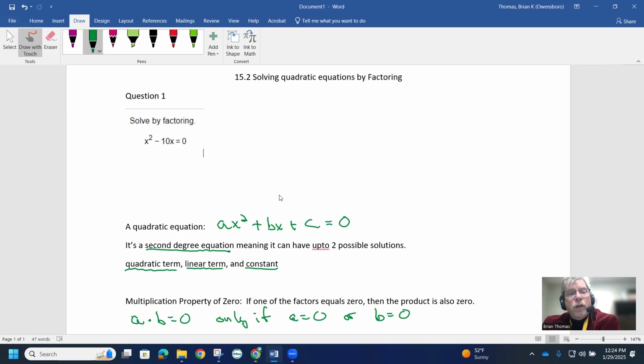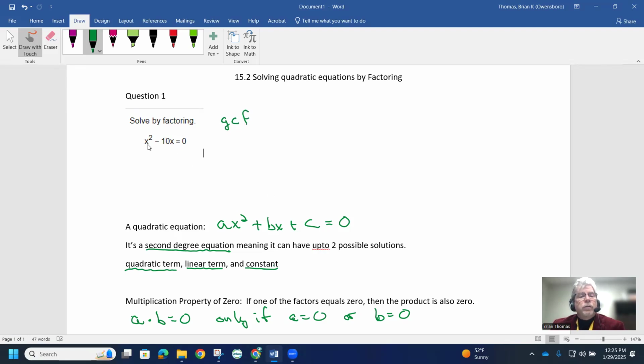If I look at this equation, it is a quadratic equation because it's a second degree equation. So a second degree equation can have up to two solutions. Now the strategy we're going to invoke is what's called factoring. So what I want to do is factor this left-hand side. And what we pick up on is it has a greatest common factor.